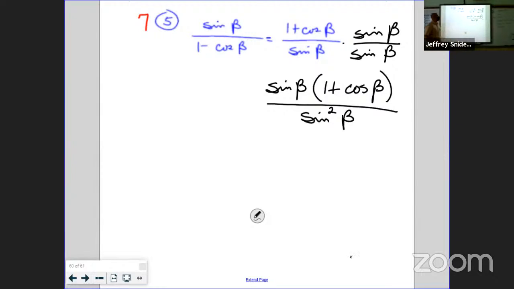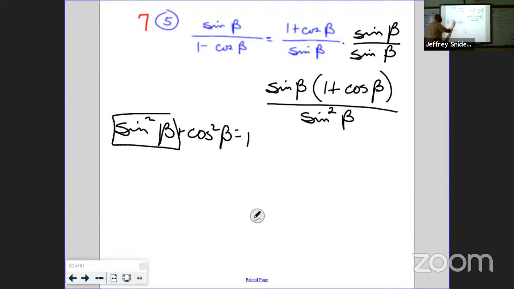Now, I want you to look at what I want over here, guys. I want this sine b to stay. I need to get rid of this, which means somehow I need to get that factor in the denominator, which means somehow I have to get this sine squared in terms of cosine squared. What do I know about sine squared beta? Well, look at our Pythagorean identity, guys.